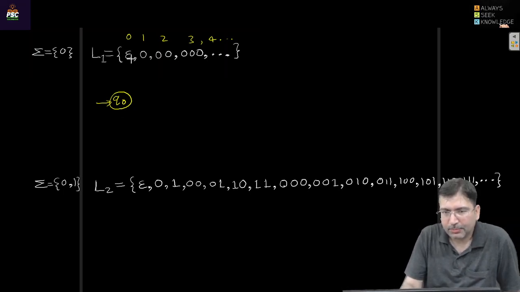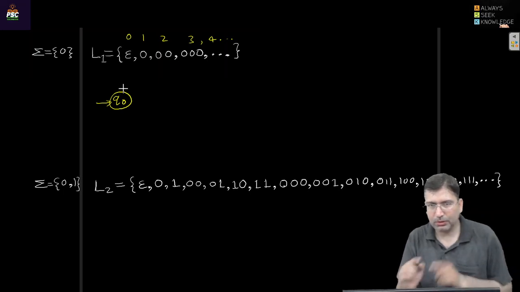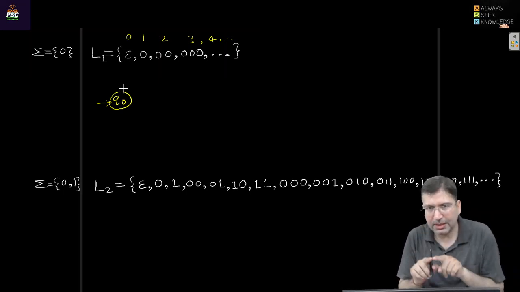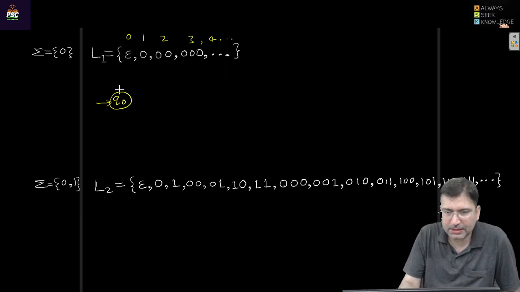Because this language is generating the empty string epsilon, without taking any input the initial state should lead to the final state. You just start the machine, it is on the initial state, and without giving any input it reaches the final state. So that means the initial state is also a final state.